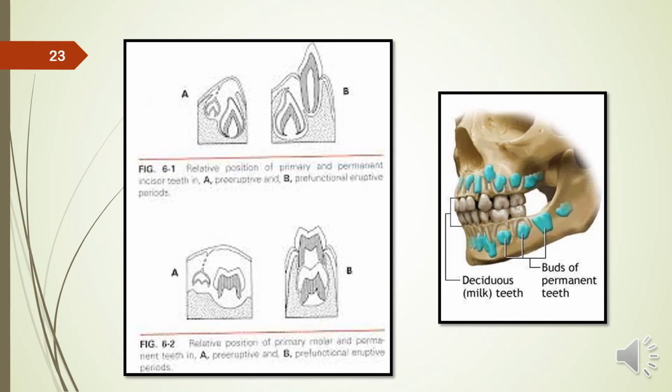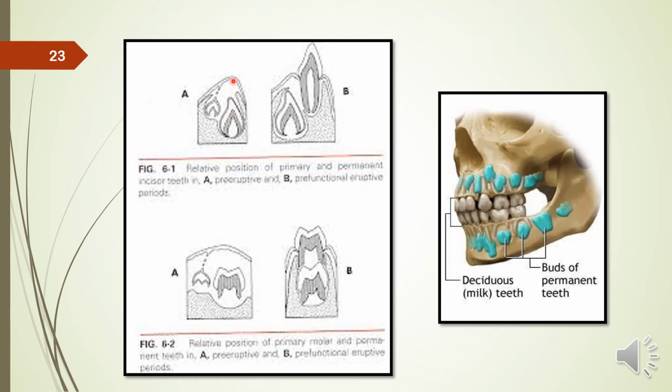Now in this slide, I have tried to present to you how the development of your incisor happens. This one is your deciduous incisor, and this is your permanent incisor. The developing tooth bud of the permanent incisor is lingual to the deciduous incisors, and this is how they develop.